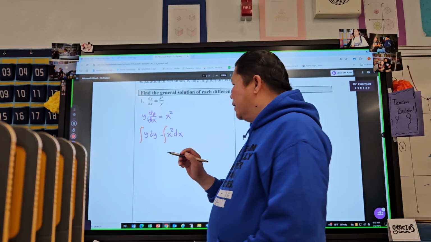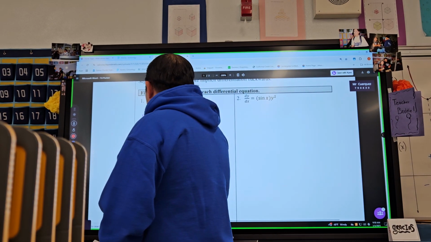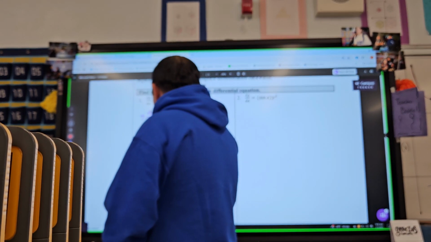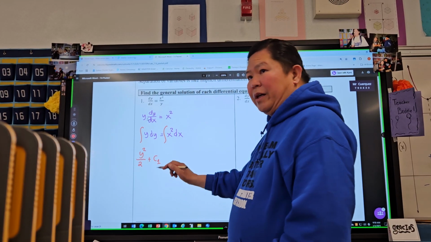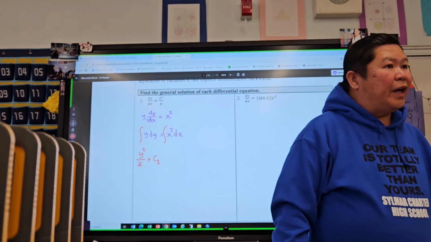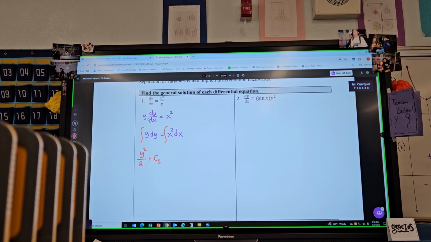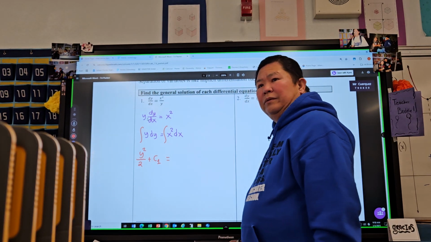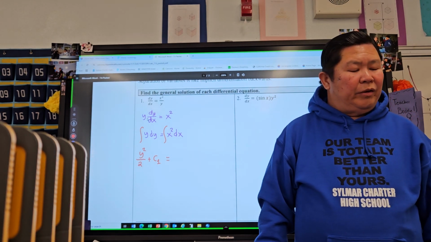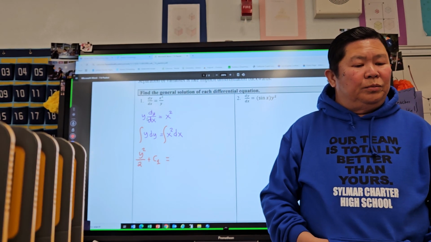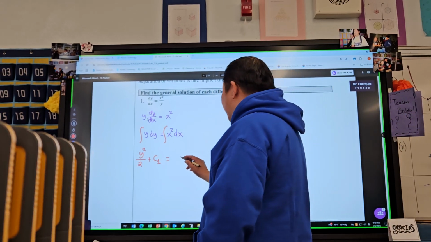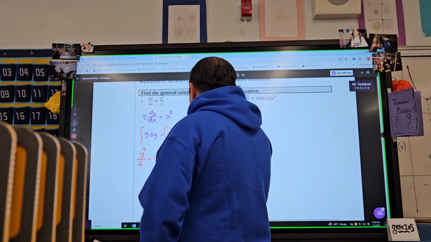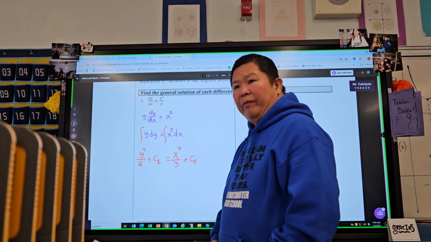You get me? So the left side becomes now y square over 2 plus we just write constant 1 because we have to do constant also on the other side, right? Okay, so on the left side we have constant 1, and how about the right side? It's gonna be x cubed over 3 plus constant 2.